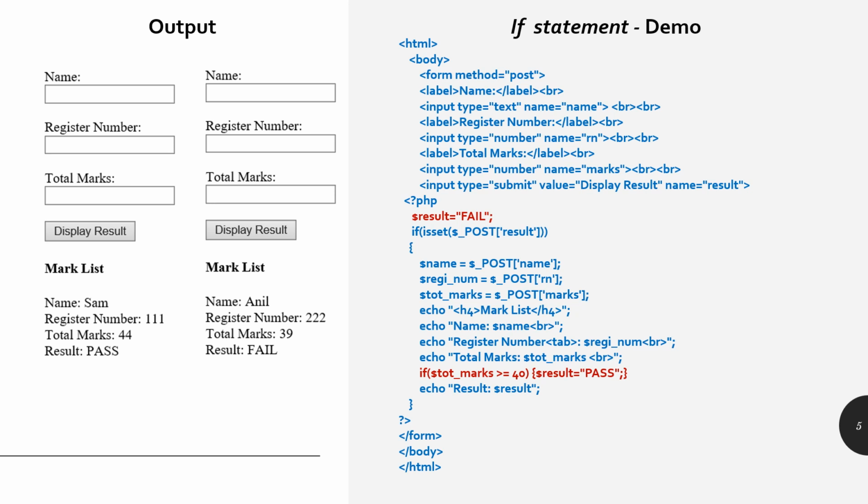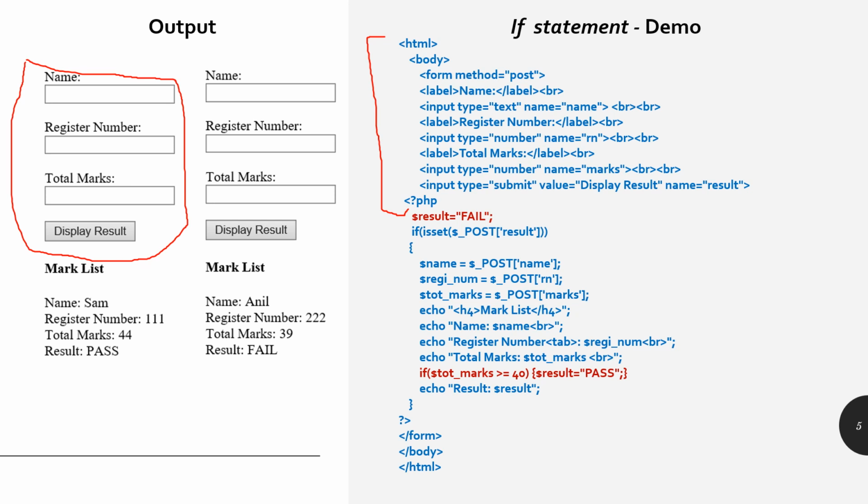Here I have used a form for demonstrating the simple if. You are already familiar with these things because you are familiar with HTML. So we have a form like this, which will display a form, and here we need to get details like name, register number, total marks and so on.